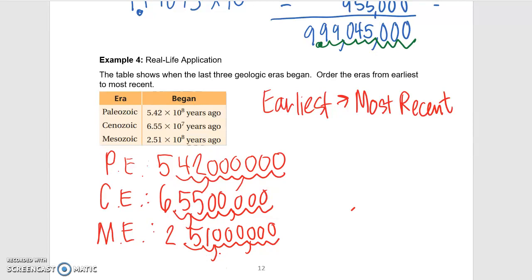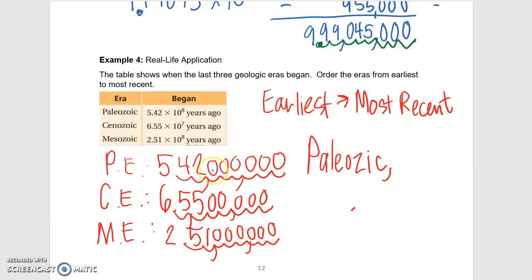Okay, now we're comparing these three numbers. So the earliest one is the Paleozoic era. Notice that it has the highest exponent with the biggest factor.